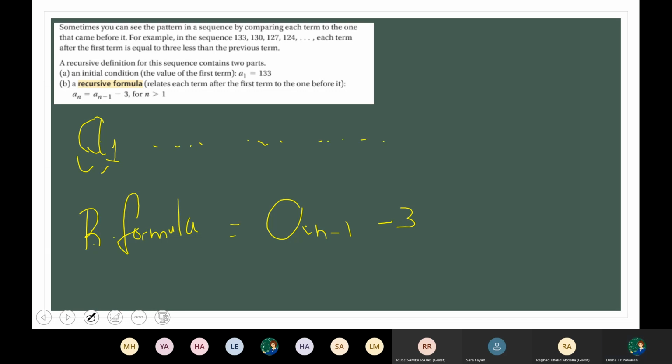Every time I am asked to write a list of numbers, I need the initial term from which I start, and the recursive formula. This formula can help me find the second term, the third term, and the fourth term. Without an initial condition, I cannot.